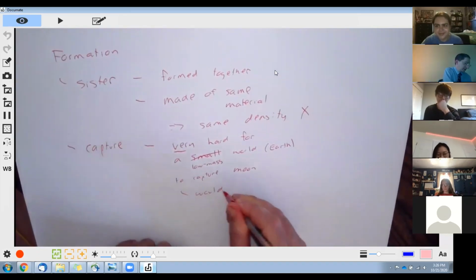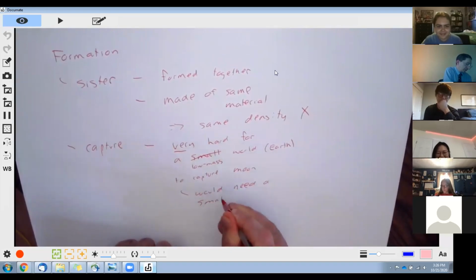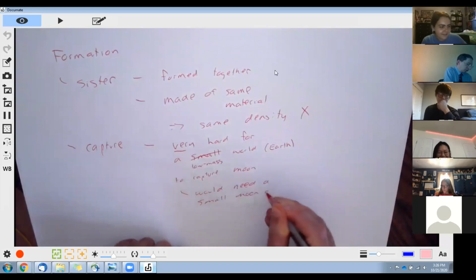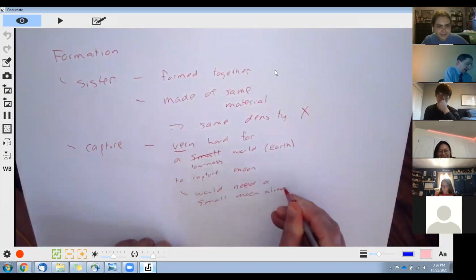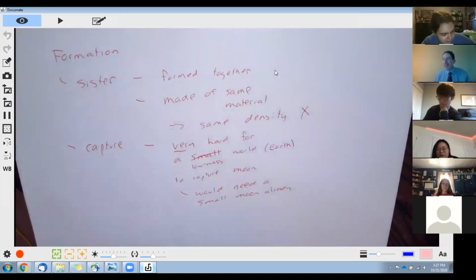You would need a small moon already. And that moon, basically, when the big moon comes in, Earth, the big moon, and this theorized small moon, they do a complicated gravitational dance, and the small moon absorbs the energy and the momentum and gets shot out and leaves the solar system. That's the only way to capture a world. And we'll see this.